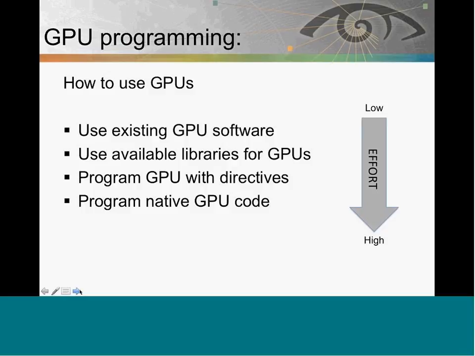And if you cannot find the function you need in the GPU libraries, then you need to write your own function. In that case, option one, you can use GPU directives like OpenACC or HMPP or OpenMP 4.0. Otherwise, you need to write native code, in the CUDA language or an OpenCL library.